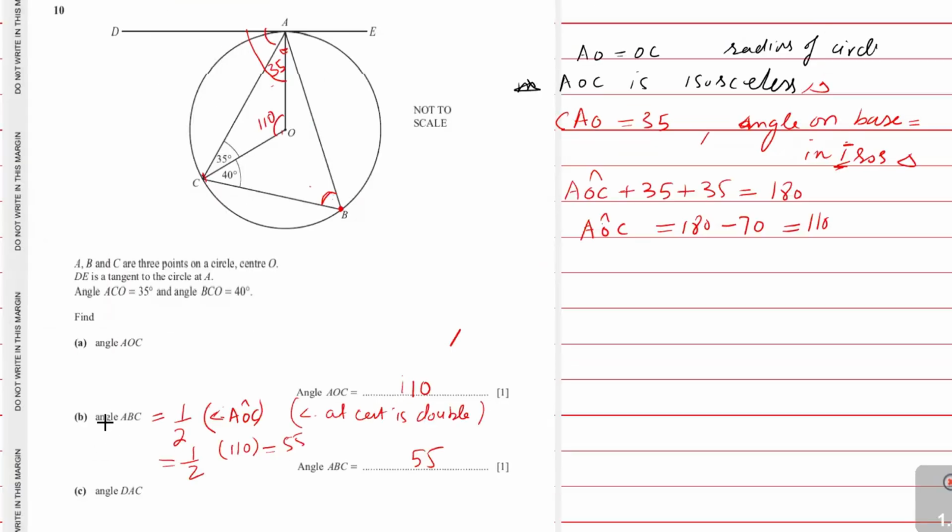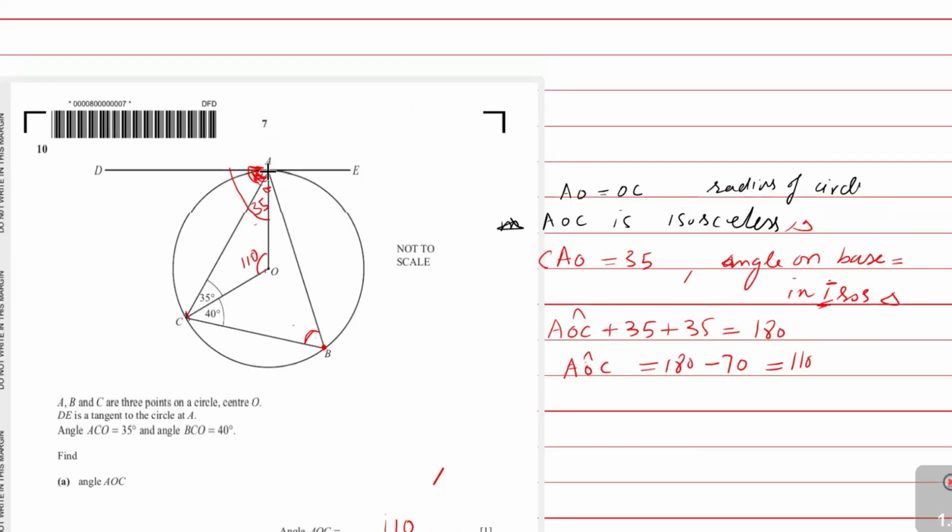Next, question 10 part C, find angle DAC. Look here, this angle is DAC, and this angle DAC we have to calculate. This is the DAC angle, and look here, the angle DAC plus 35 equal to angle DAO, and DAO angle is the angle between tangent and the radius, and the angle between tangent and radius is 90.